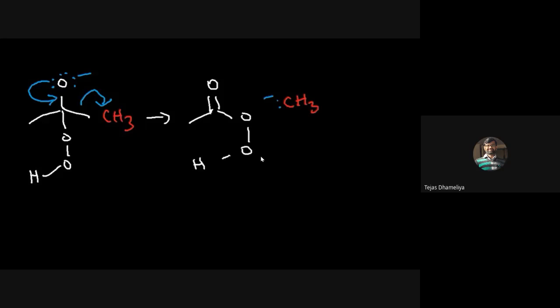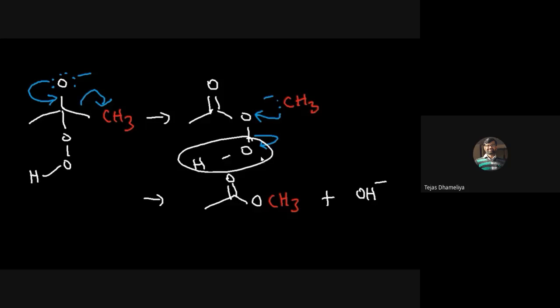Now CH3 minus can attack on this oxygen, which is connected with the carbonyl carbon. Likewise this. And it can remove the hydroxide anion, and thus we have formation of ester. So this reaction is termed as Baeyer-Villiger oxidation. If you have acetone, you can convert the substance into methyl acetate.